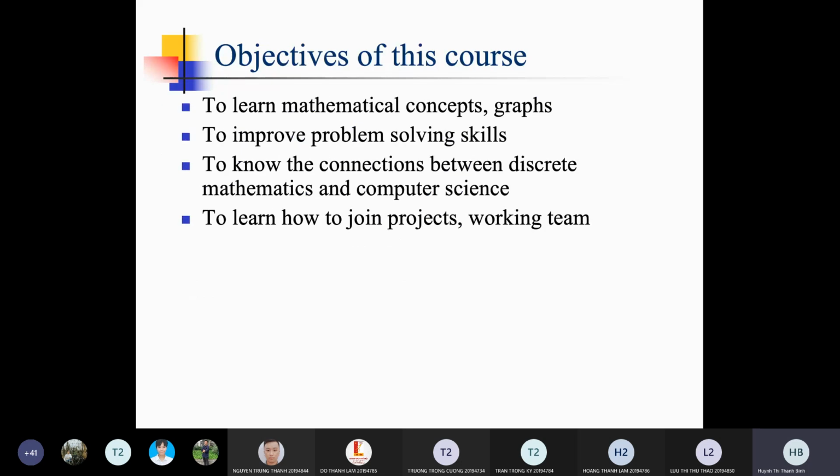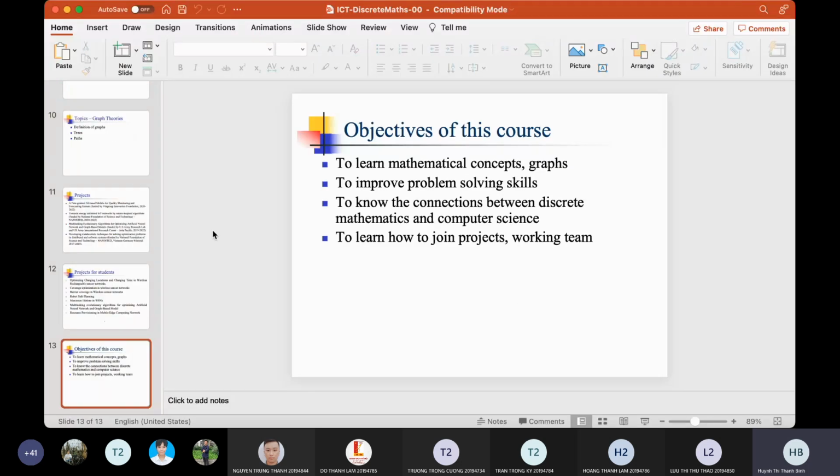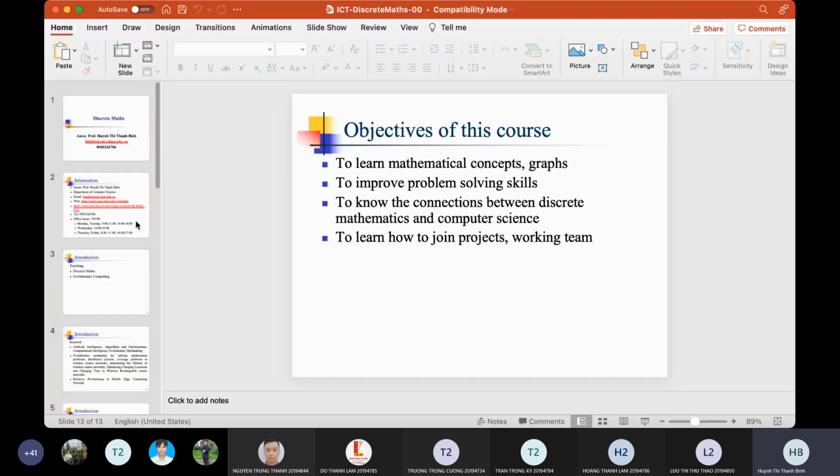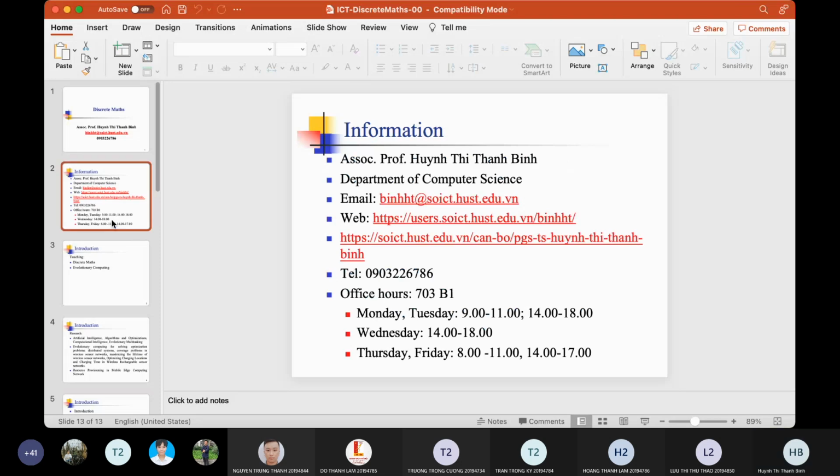And the objective of this course is to learn the mathematical concept and graph, and to improve the problem solving skill, to know the connection between discrete math and computer science, and to learn how to join the project and working team. Yeah. That's all of my introduction. Later, I plan to introduce about my research project.